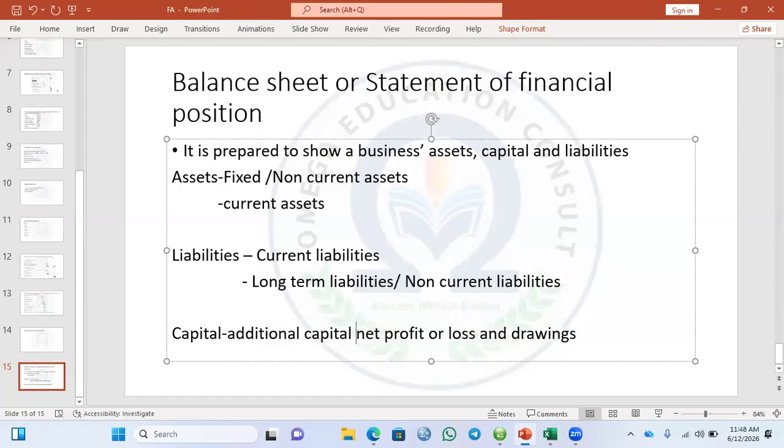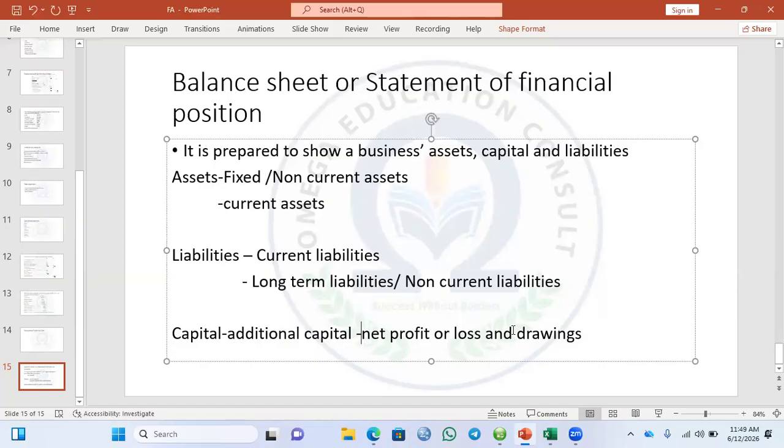Okay, so take note of these things I'm mentioning. So this is the idea about the balance sheet.